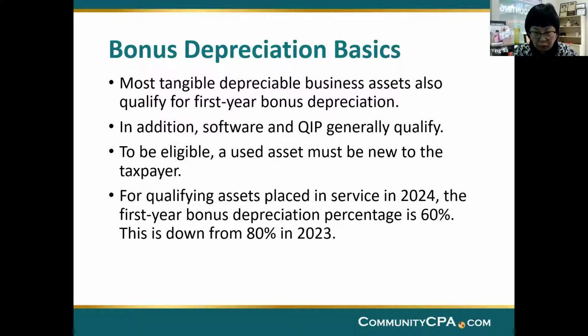And in 2024, this year we are in right now, is 60%. But don't be disappointed. That doesn't mean that, oh no, Ying, I will lose my chance to deduct things fast. You didn't. I will explain to you.